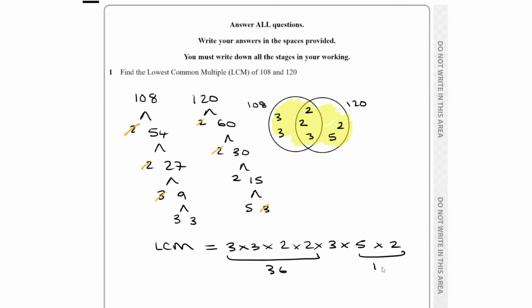Over here that makes 10, and then a 3. So 36 times 3 would be 90 plus 18, 108. And then times by 10 is quite easy, so we should get 1080. 540 is half of that, isn't it? So if we double that, yes, 1080 is what we should get.